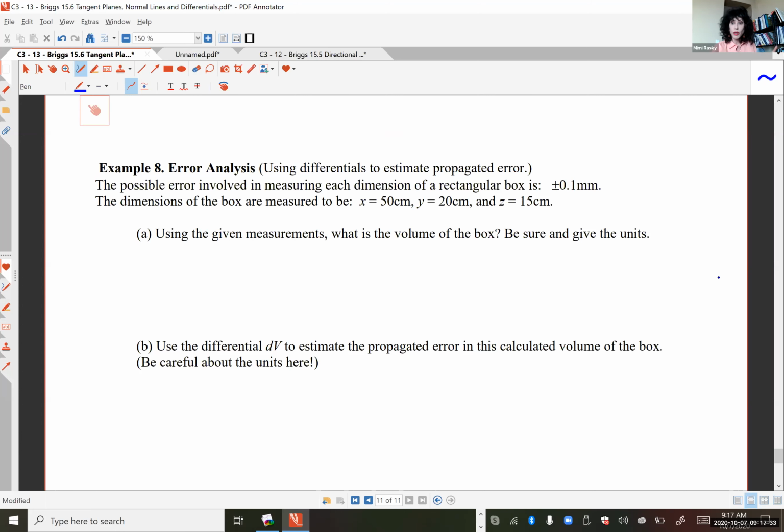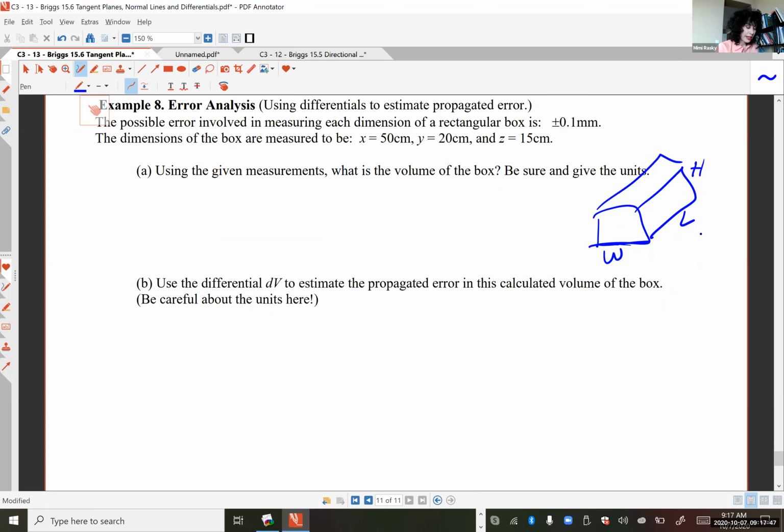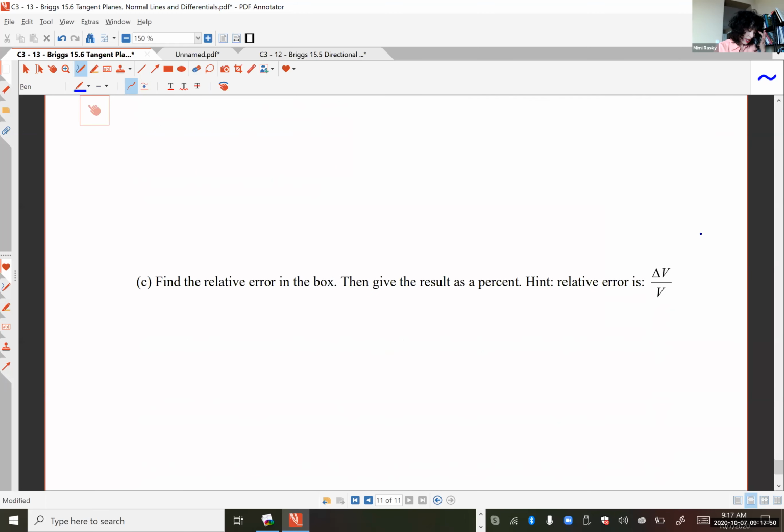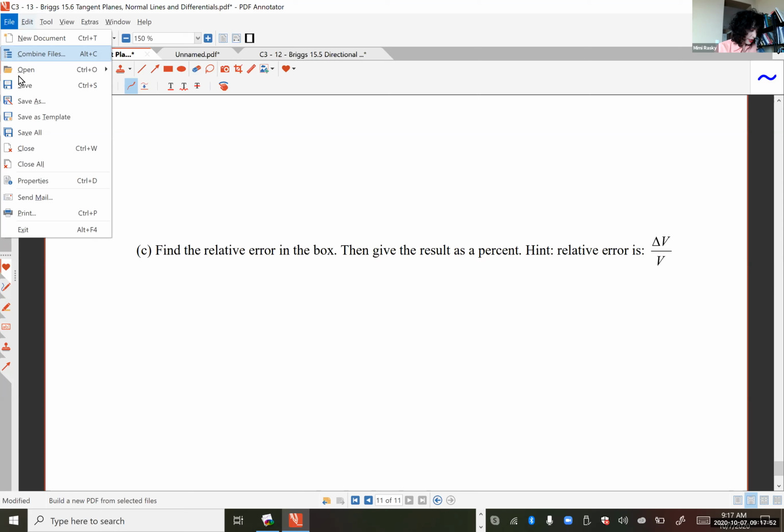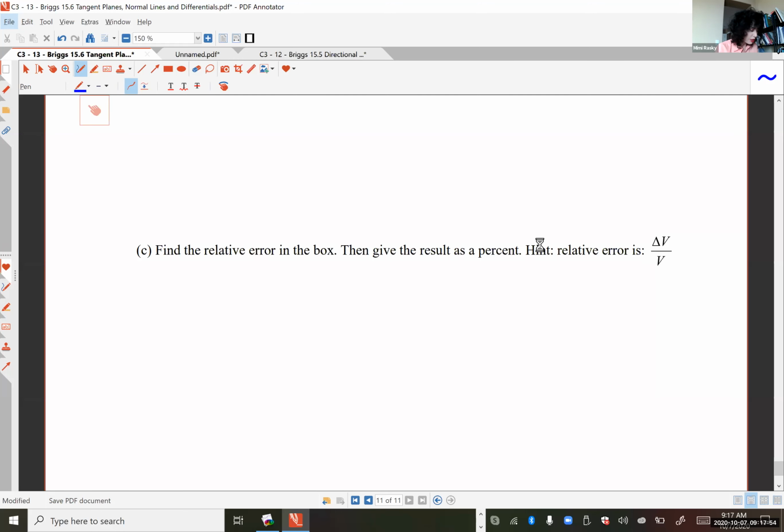And then if you try to calculate the volume of a box, where your width is a little bit off and your length is a little bit off and your height is a little off, what's the propagated error when you compute the volume? It's not what you think. So you find that answer by using differentials, okay? So I'll let you work on that. If you want me to do it, I'll be happy to do it during an office hour, okay?